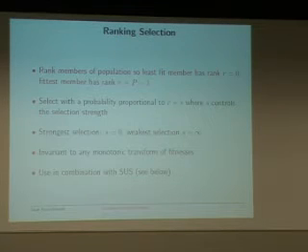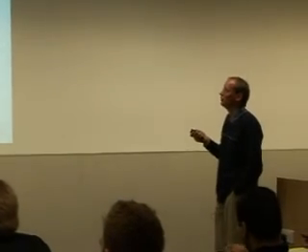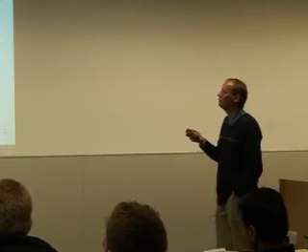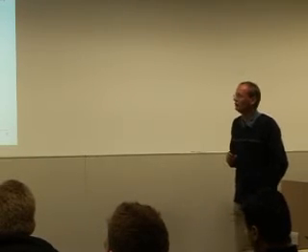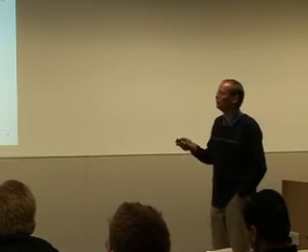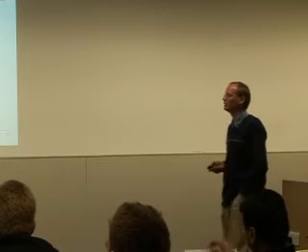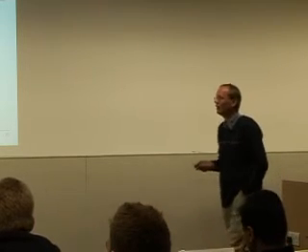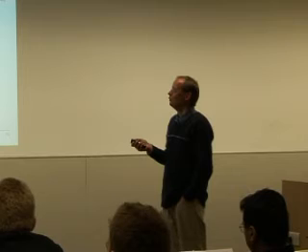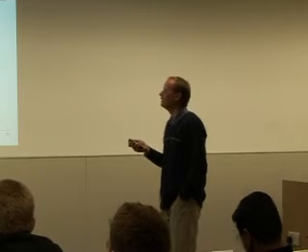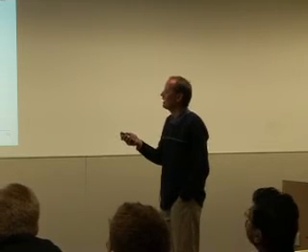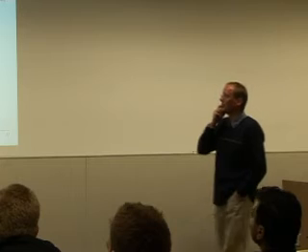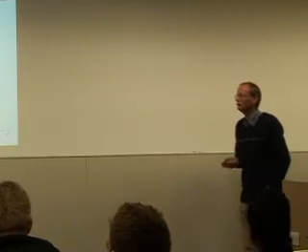Okay, so among selection mechanisms, there's one called ranking selection, which has this property. You rank the population, for instance, so the least fit member has rank 0 and the fittest member has rank p-1, and then you select with a probability proportional to its rank plus some parameter that controls the selection strength.